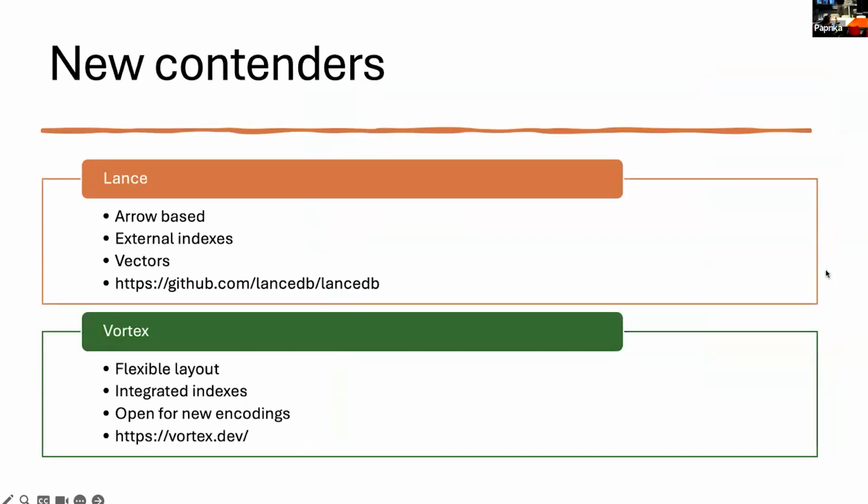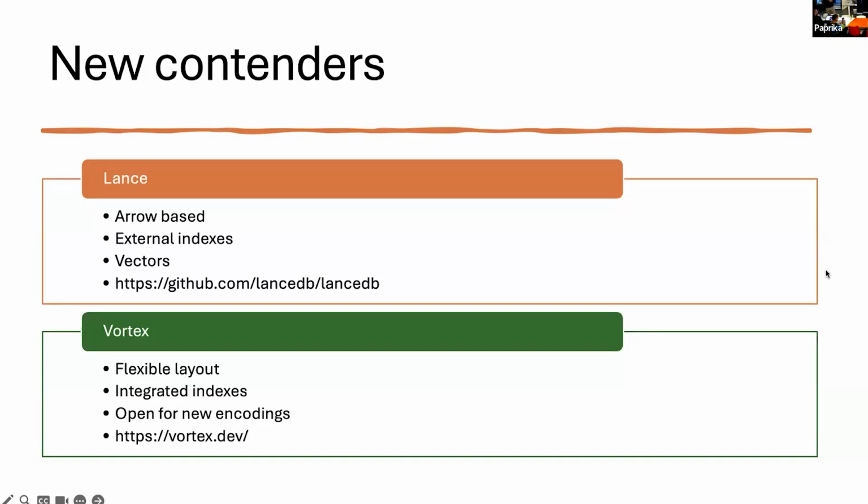A few things I mentioned: Lance, which basically has raw data and writes directly to the files. It has external indexes. It has very good vector handling. Vortex, another file format which is coming up. It has a very, very flexible layout. You can create something like Parquet under Vortex, but you can create a much more performant layout for that if you're looking for random access.